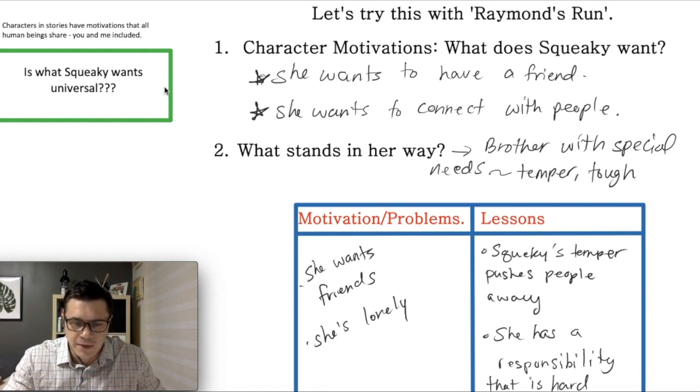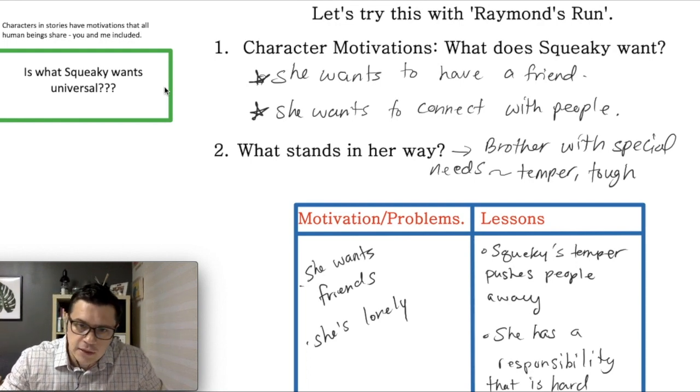Right? So when we make this connection between what's happening to the character or what the character wants, to when we connect that to ourselves and other people can connect it to themselves, we call this universal. So the lesson, the theme that the author teaches us, it works for everyone. Okay, it's not specific to one person like Squeaky.